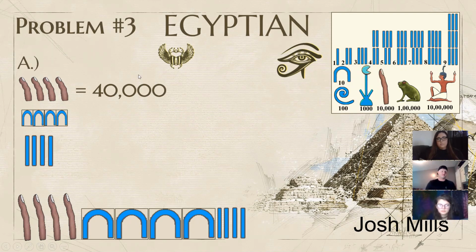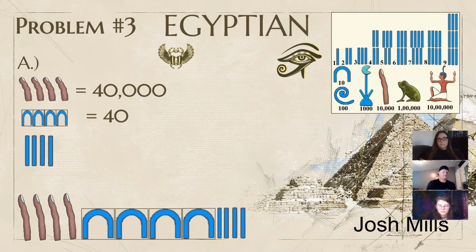Because each finger represented 10,000, and we have 4 fingers, we would multiply 4 times 10,000, and we would get 40,000. On the next one, the N represented 10.